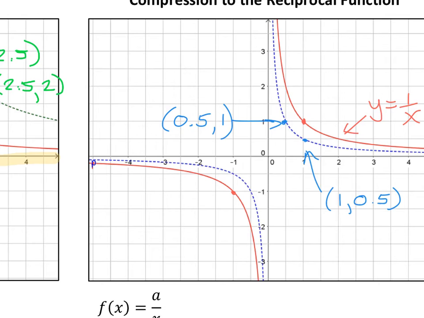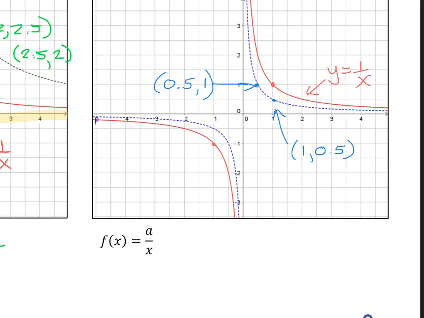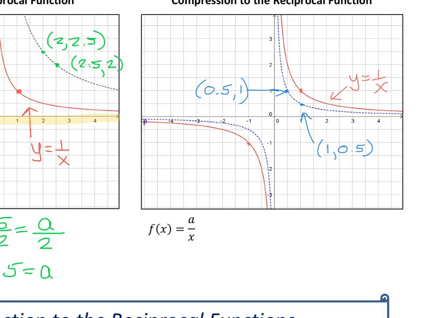And so let's take a look at what value of a will result in these points. You can use either point that you want to. Our output is 1/2. I'm going to use this first one over in the lower right. My output is 1/2 when my input is 1. And so if I cross multiply, I get a equals 1/2. And that's exactly what we would expect for a function that is being compressed.